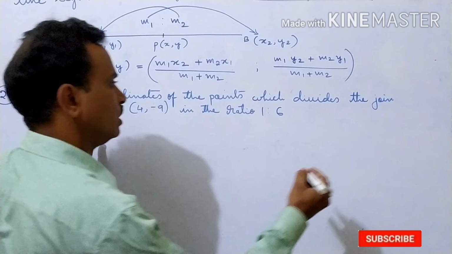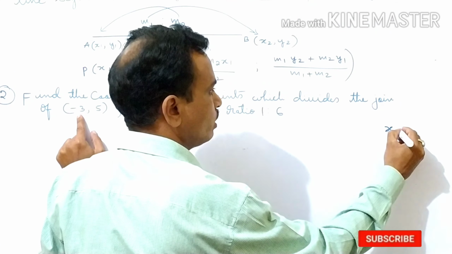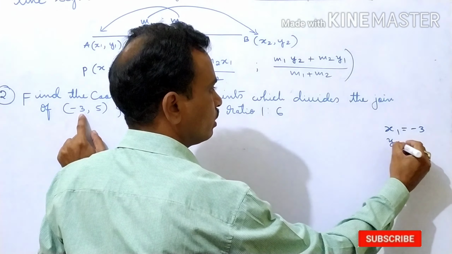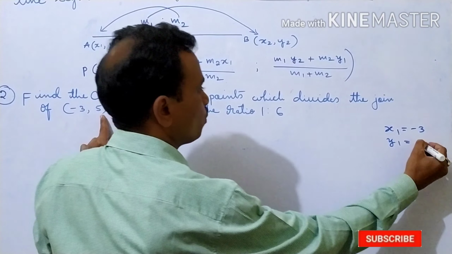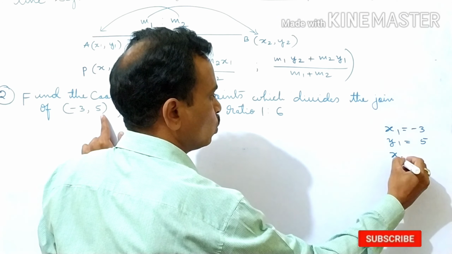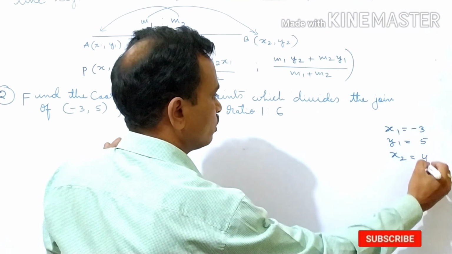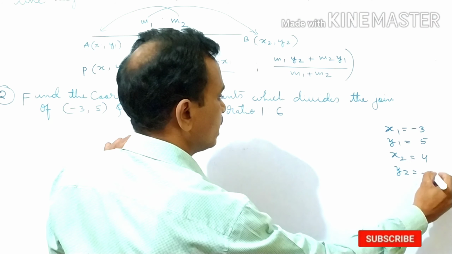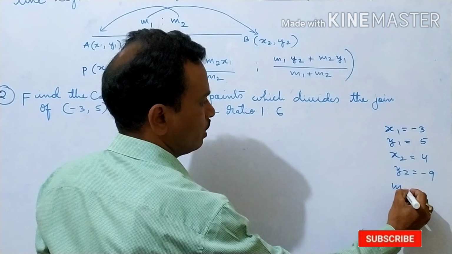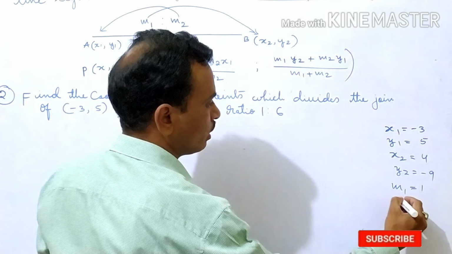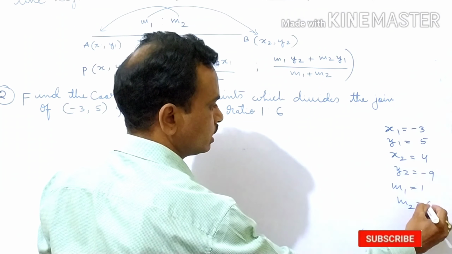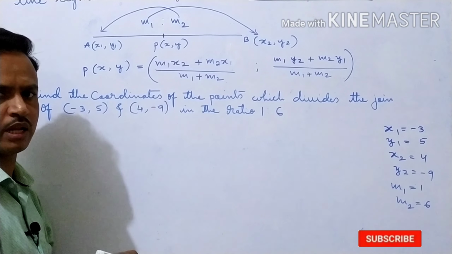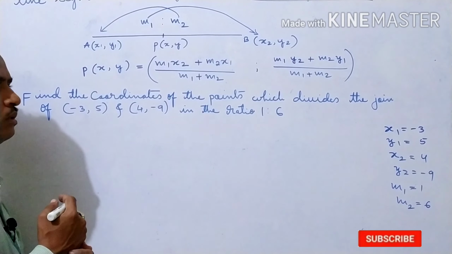Now what is x1 here? First you write in the rough column: x1 is -3, y1 is 5, x2 is 4, y2 is -9, then m1 is 1, m2 is 6. First you write it down in the rough column, then it becomes easy for you all.